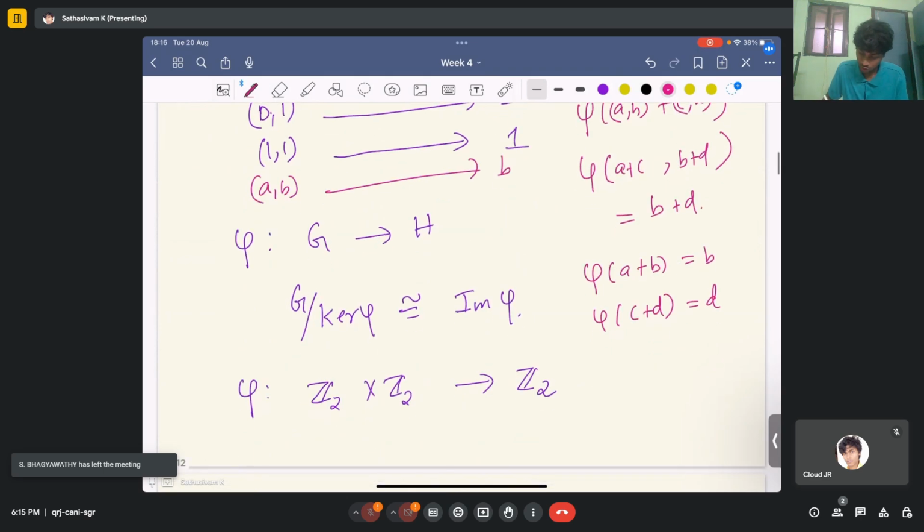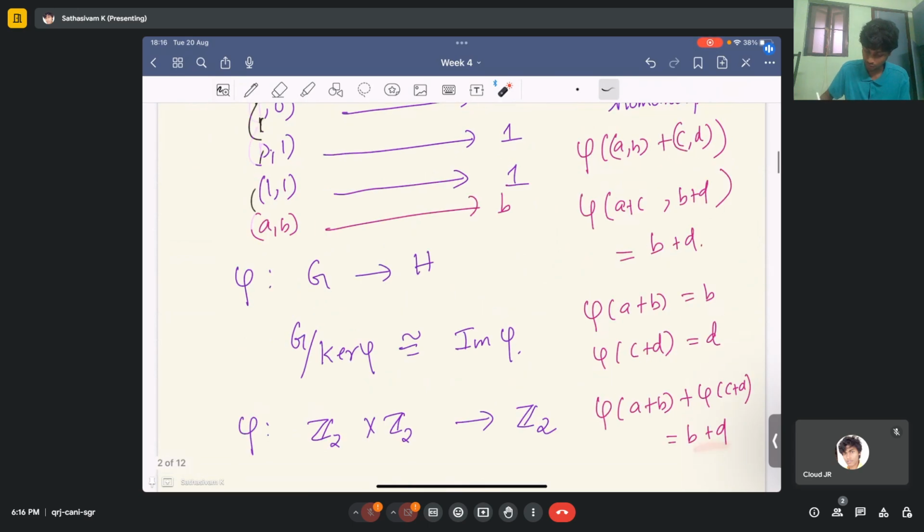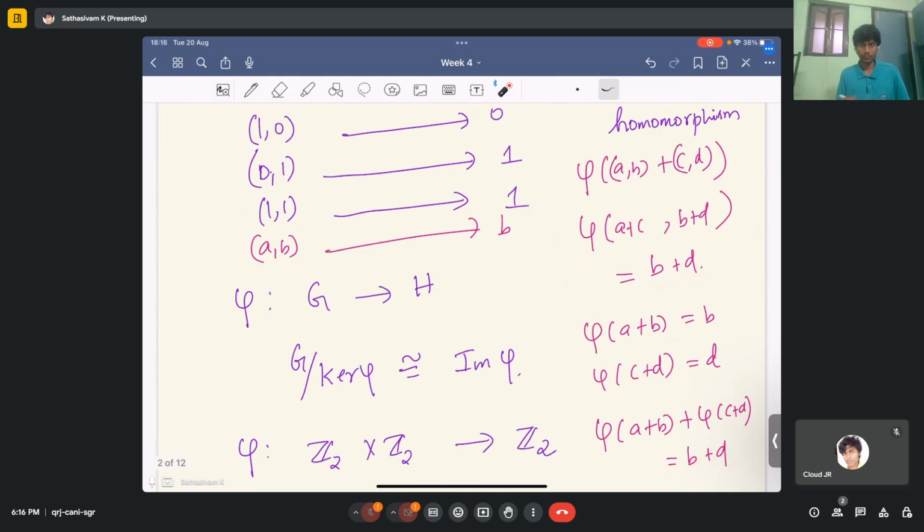So if you add phi of (a, b) plus phi of (c, d), this is nothing but b plus d. Basically you are just adding these two elements, which is b plus d. So you can verify these two are the same, and this phi is a homomorphism.